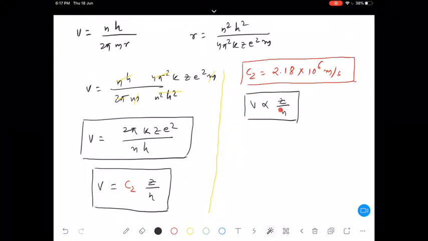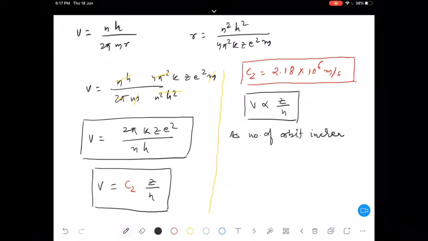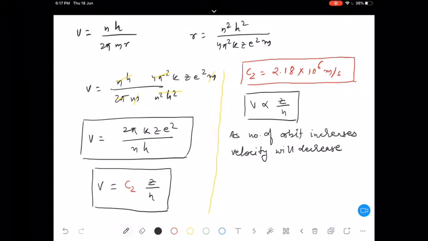Velocity of electron will be inversely proportional to n, which means as the number of orbit or shell increases, velocity will decrease. Velocity, it will decrease.